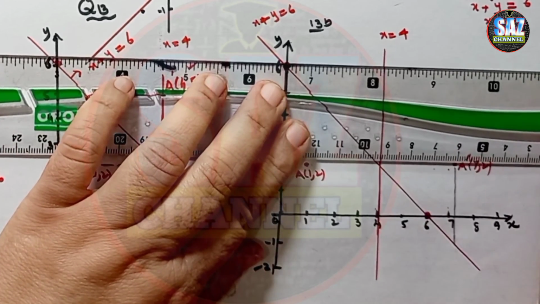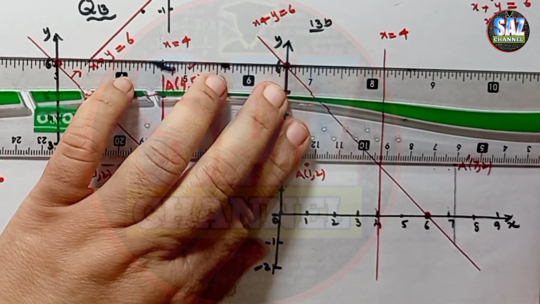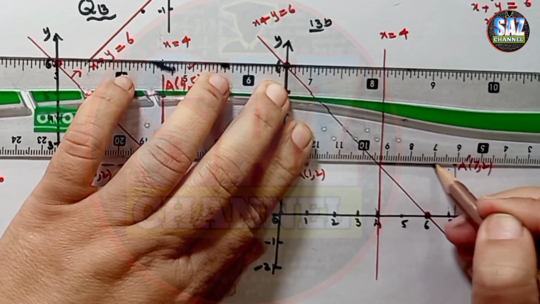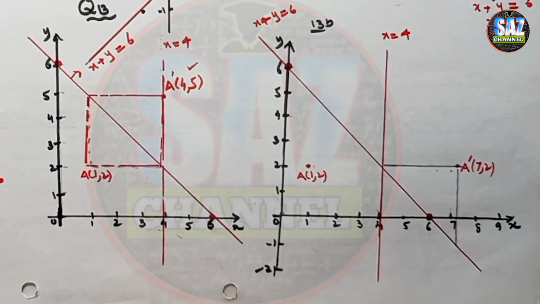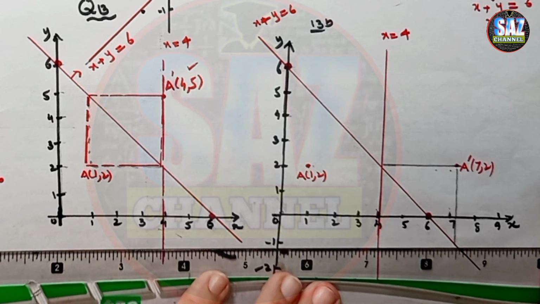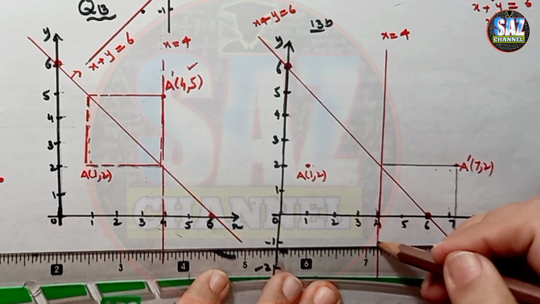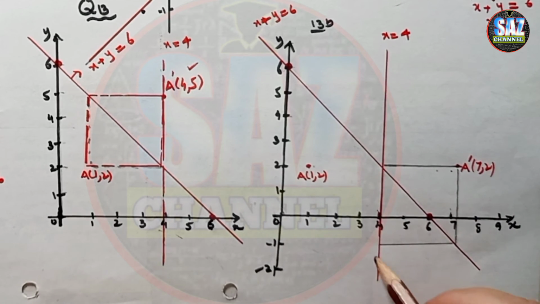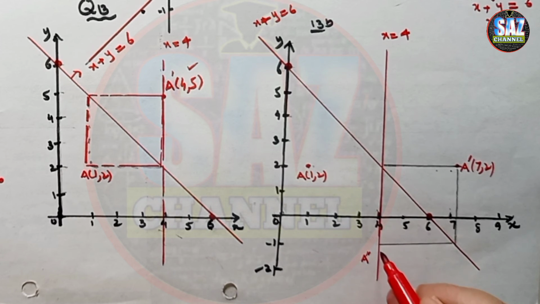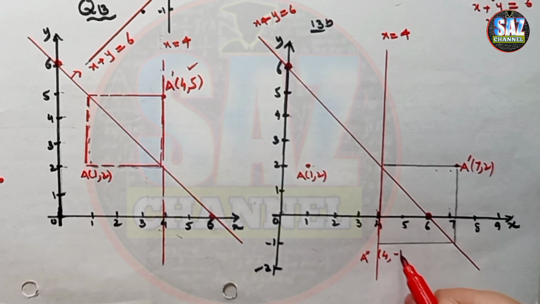So let me see what points are coming when I'm able to complete the reflection. The other half of the right triangle I'm getting is at 4 and minus 1. This is A double dash, 4 and minus 1.